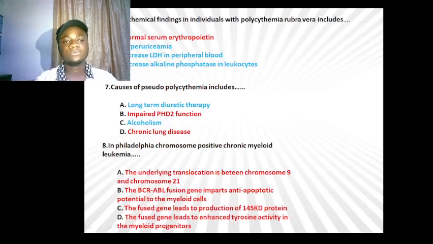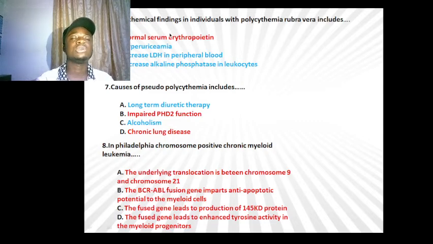So 6, the biochemical findings in an individual with Polycythemia Vera include: normal serum erythropoietin is false. Erythropoietin is either low or absent because erythropoietin does not play a role in Polycythemia Vera, okay? So B, hyperuricemia, true.